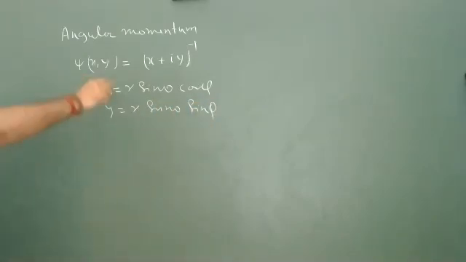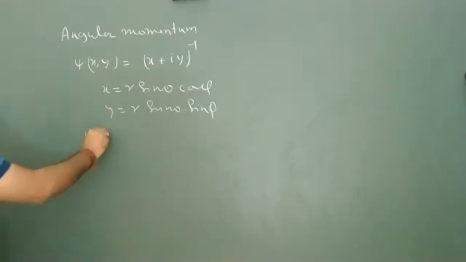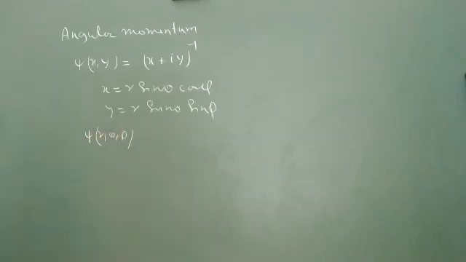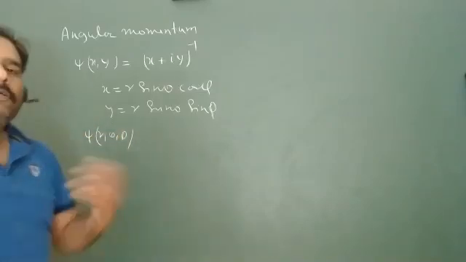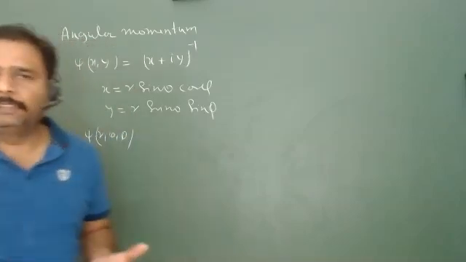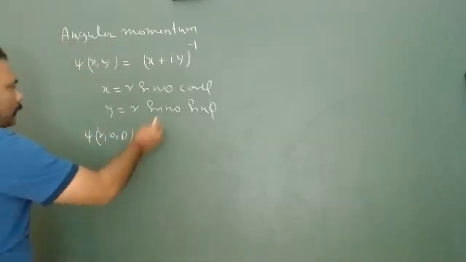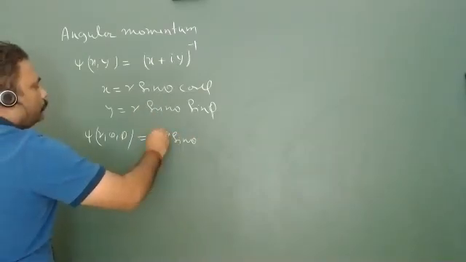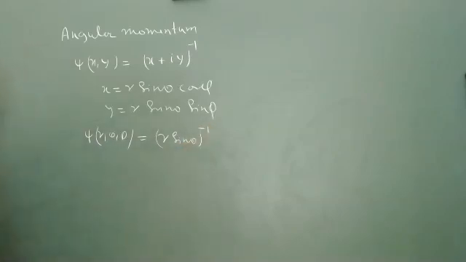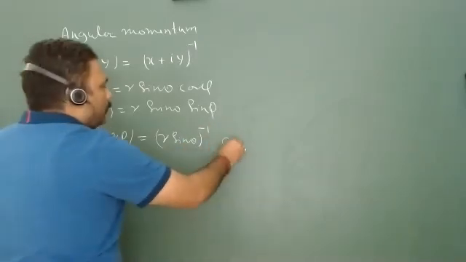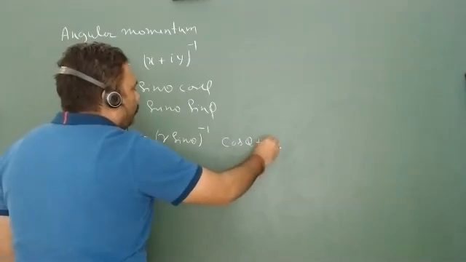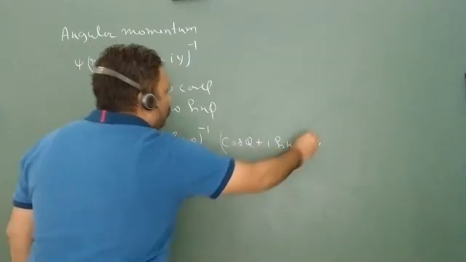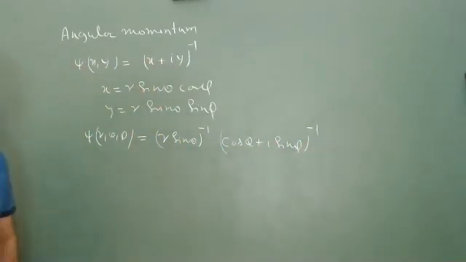Now if I write this as psi of r, theta, phi, you have nothing to do with r, because angular momentum algebra is all about theta and phi. So I can take r sin theta to the power -1 as common, and there will be (cos phi + i sin phi) to the power -1.